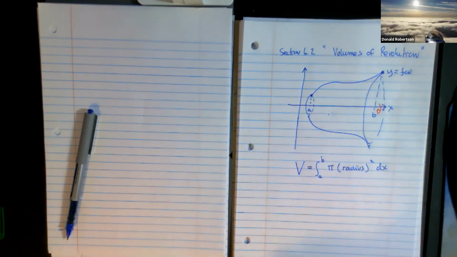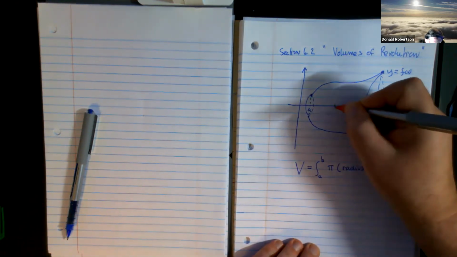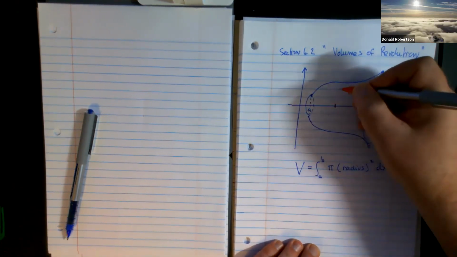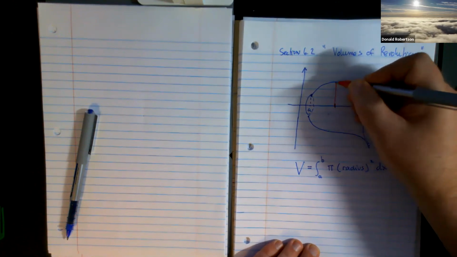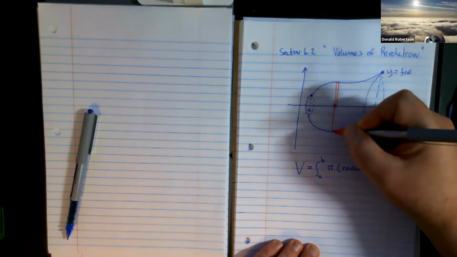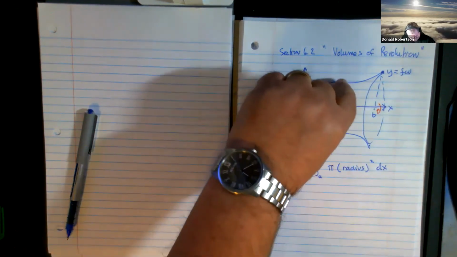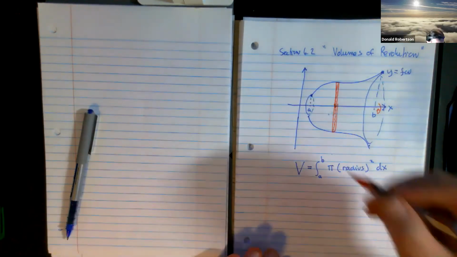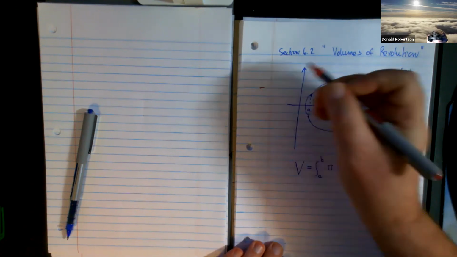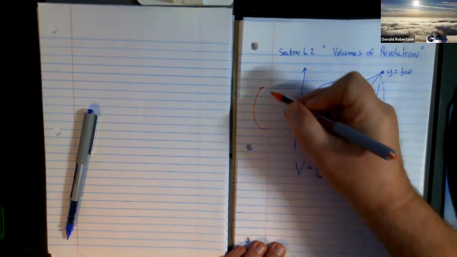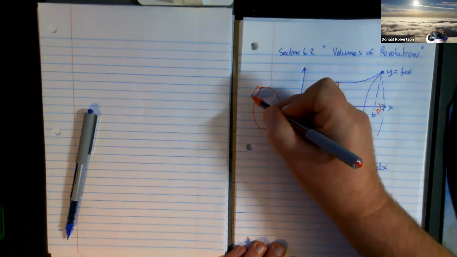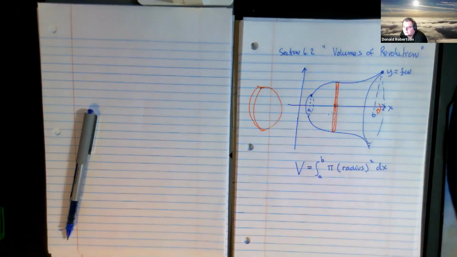Now you might say, what is this radius? Well, what you've got to imagine is picking a random point between here and here, with a little rectangle going like this. If you took this rectangle and rotated it about the x-axis, wouldn't you get a little shape that looked like that? A little disc.